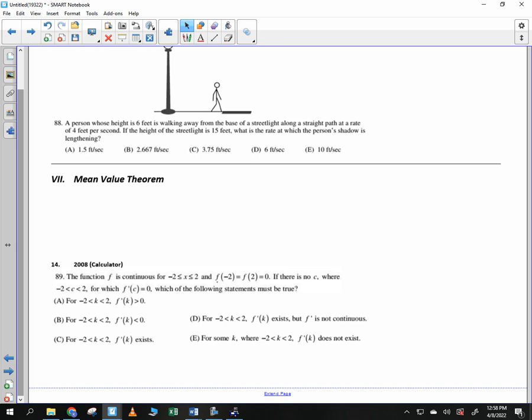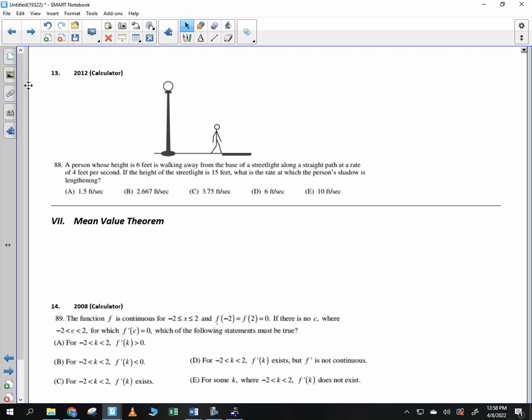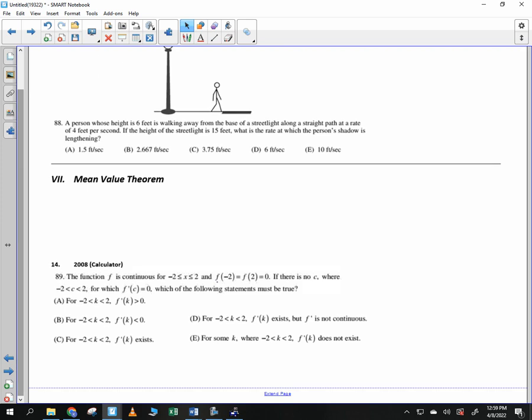And I get that this mean value problem is completely different than what we just did, right? But at least you have a general idea of what the mean value theorem actually is. So what I want you to do is, I don't think that we answered this mean value theorem problem. You probably just guessed, right? So maybe go back and look at this mean value theorem problem.